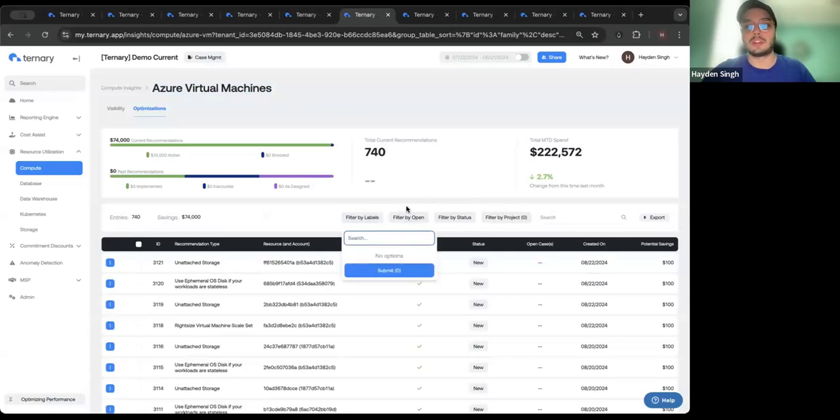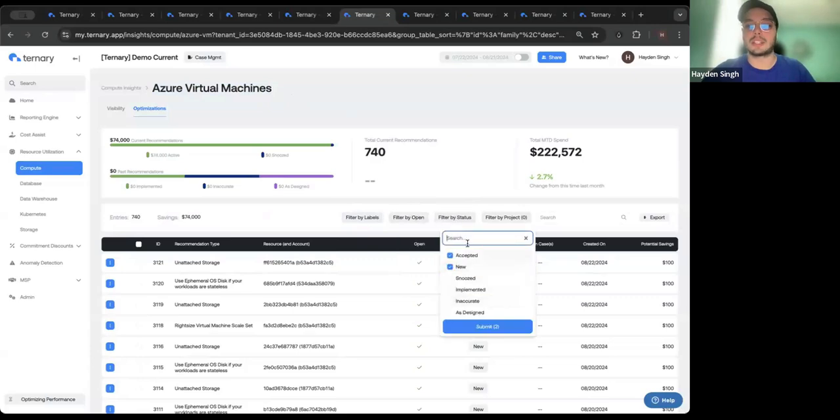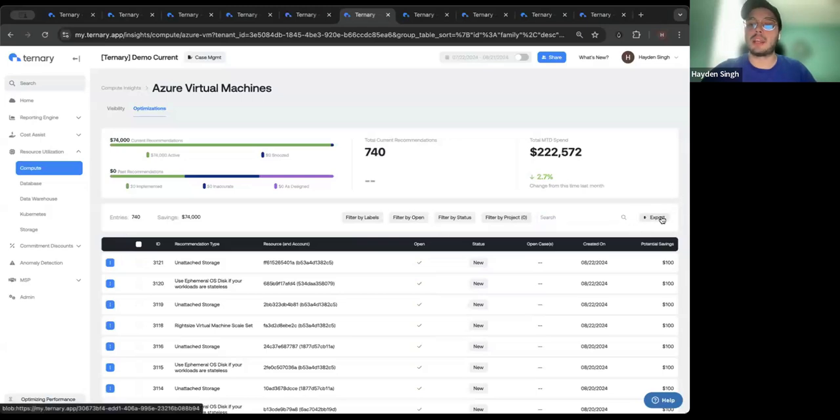So whether you want to filter by a specific tag, or by open or closed recommendations, or any of those specific statuses, you have that option and you can make those different choices there. And one thing I'll call out is that anything that we've seen so far is fully exportable. So you can export any of this data into a CSV format, so that way you can drill into it if you'd like, or have that as a record in a future sense.